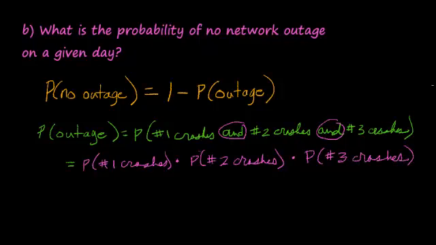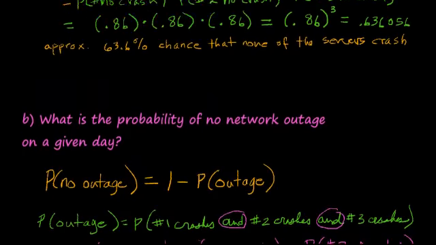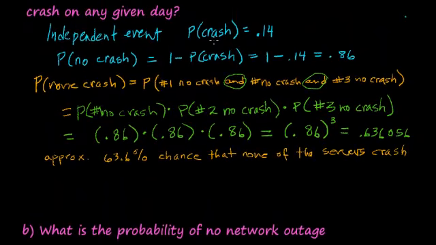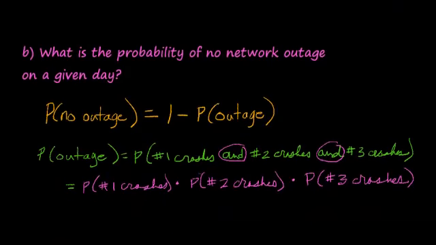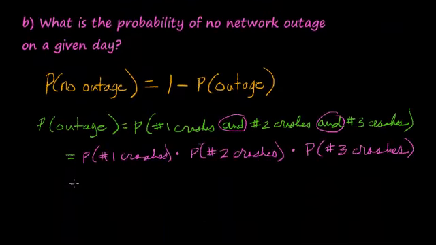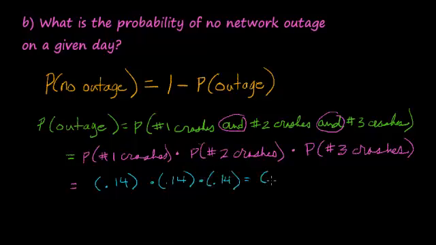Okay, so what was the probability that any one of these would crash? Here we wrote it up here. The probability of a crash, 0.14. Okay, so this equals 0.14 times 0.14 times 0.14, or much more simply, 0.14 to the 3rd power.